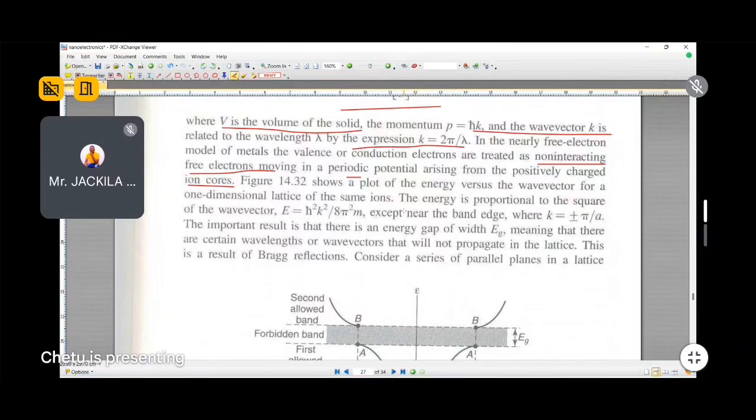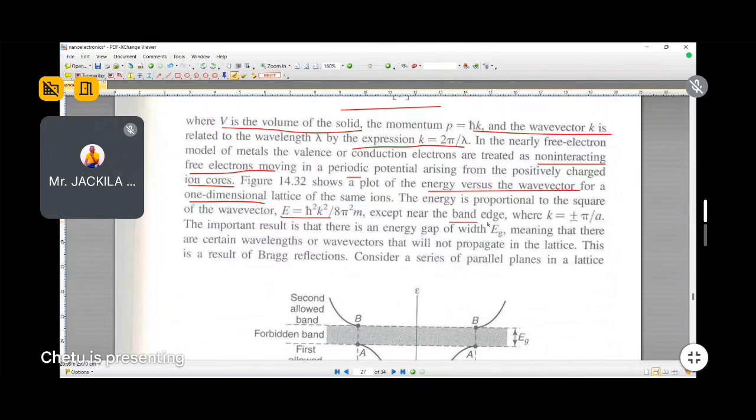When you plot energy versus wave vector for a one-dimensional lattice of ions, the energy is proportional to the square of the wave vector, that is, E equal to h cross square k square upon 8 pi square m.